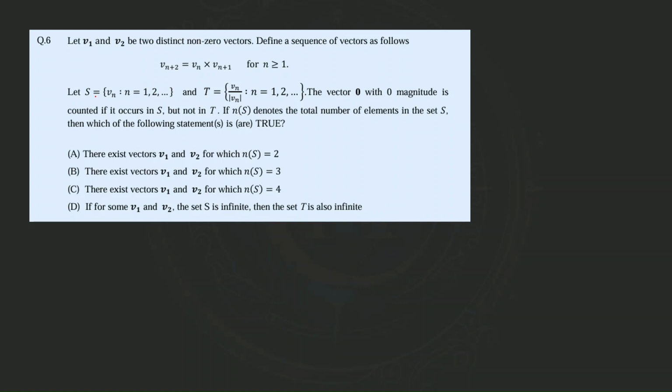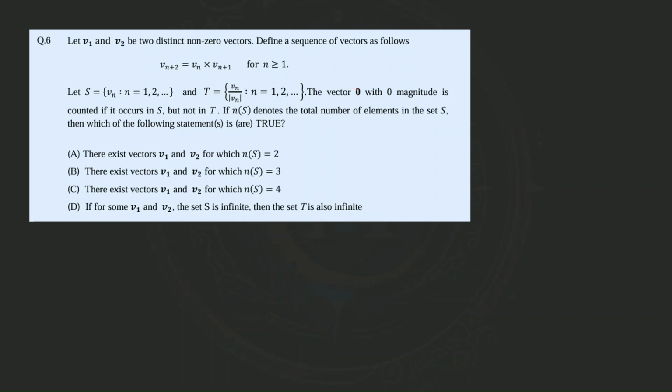So S is basically the collection of all the vectors that we generate by using this relation, right? And T is the set of all the directions, because this is a unit vector, so it indicates only the direction. We already know that unit vectors are there to only specify the direction.